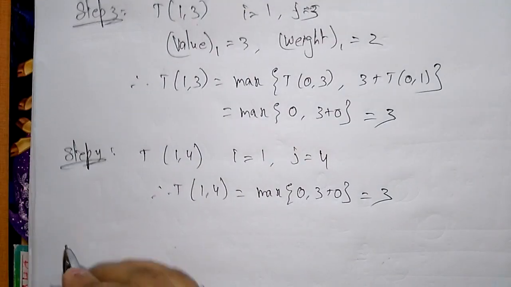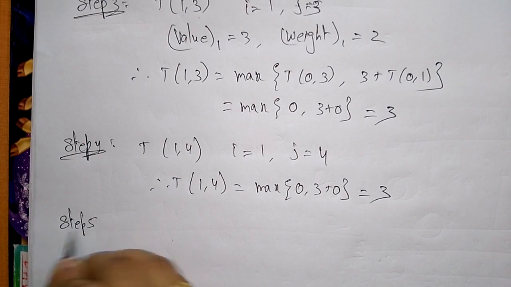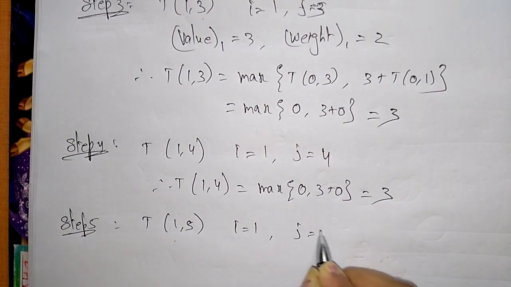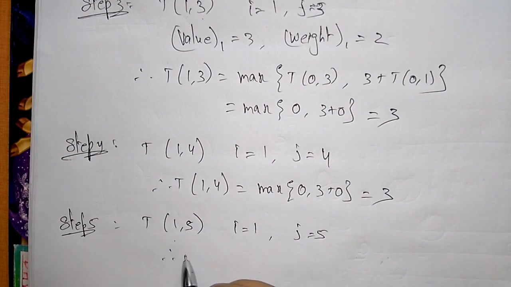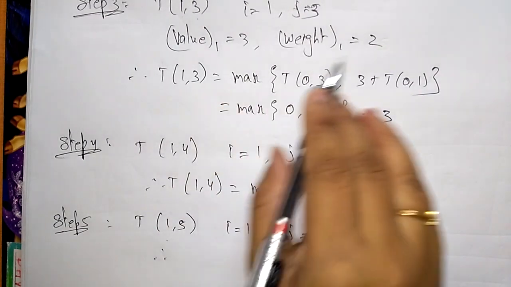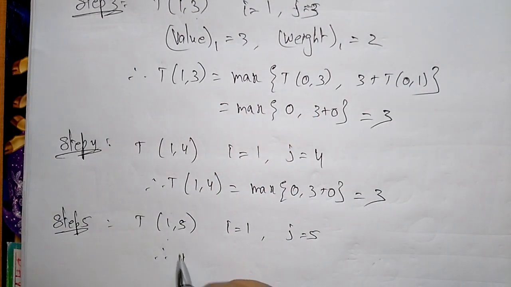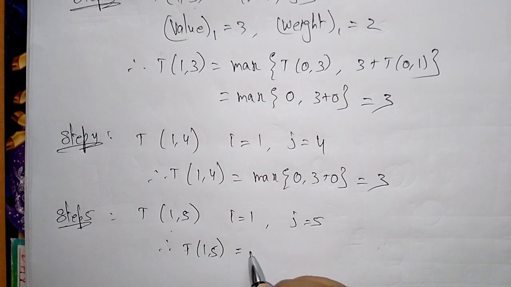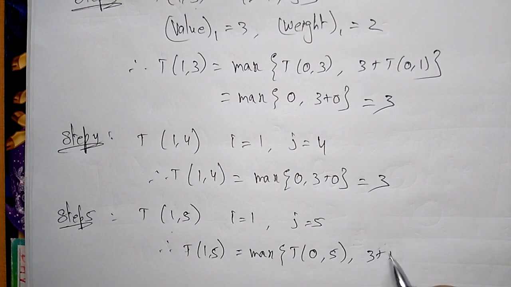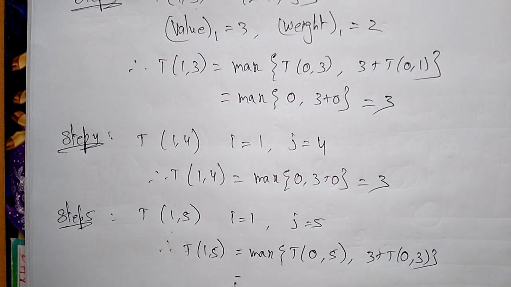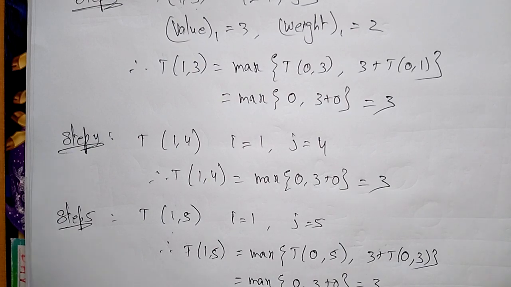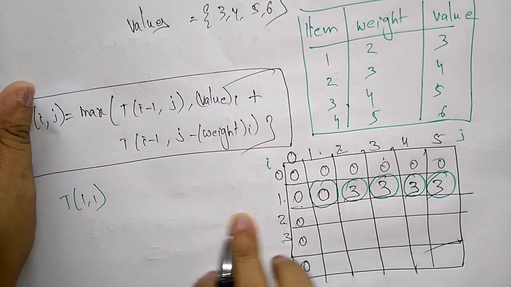Now calculate step 5. T of 1 comma 5: I is equal to 1, J is equal to 5. We get the same values: the value is 3 and the weight is 2 for the first item. T of 1 comma 5 is equal to maximum of T of 0 comma 5 comma 3 plus T of 0 comma 3, that is the maximum of 0 and 3 plus 0. My value is 3. So this row is over.